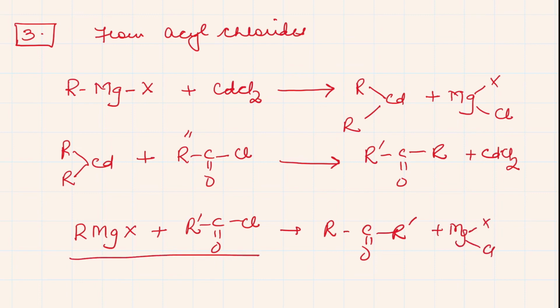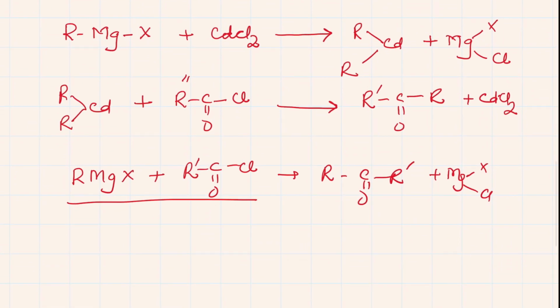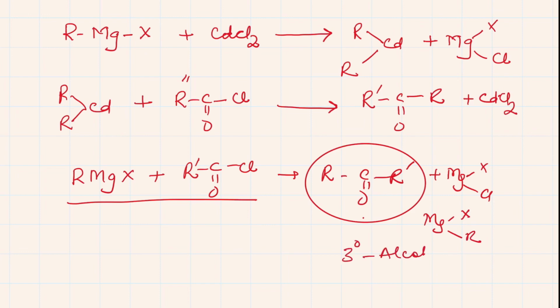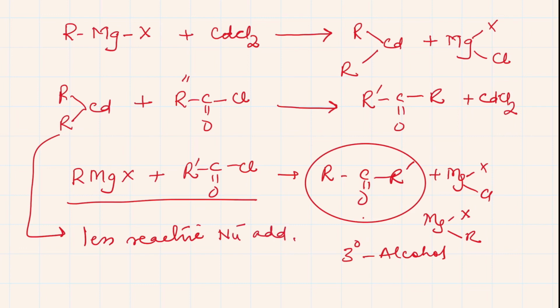We could have done that, but what would have happened is this ketone would have further reacted with RMgX to give you 3-degree alcohols. In order to avoid that, we are using dialkyl cadmium, and these are less reactive towards nucleophilic addition reactions. So that's why we don't get alcohols.